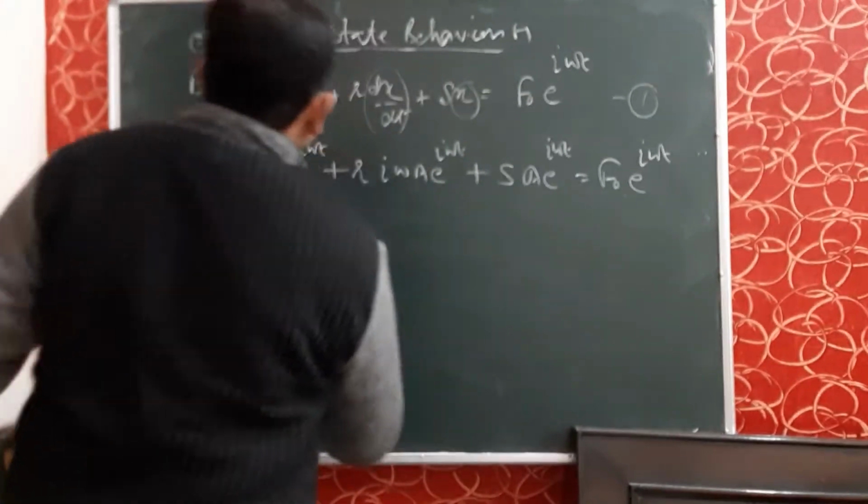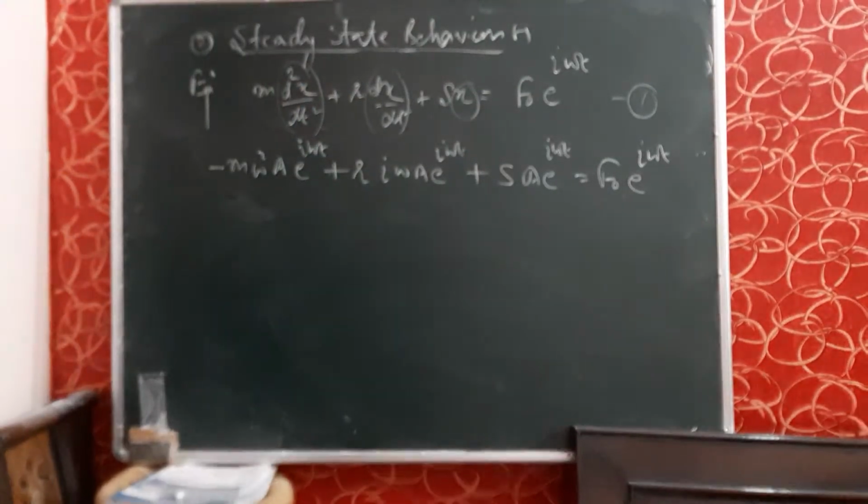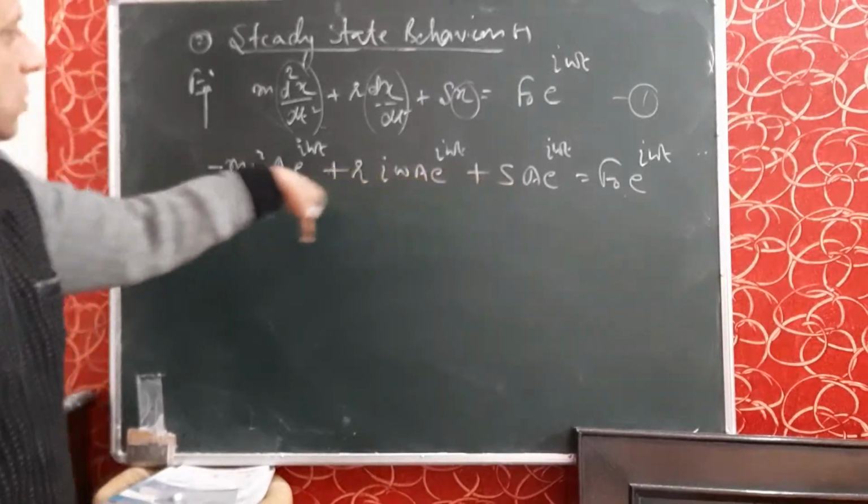So, we have done this step: if x is the solution of this equation, then x must satisfy this equation. On putting the value of x, first derivative and second derivative, we get this simple equation.